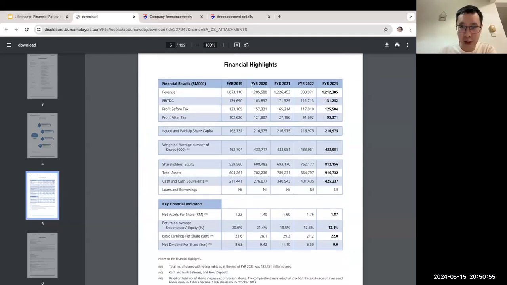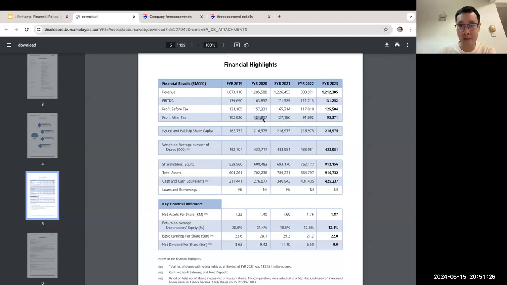Because if you look at these figures, profit after tax has been growing, but here there's a slight dip in terms of profit after tax. So as an investor, if you are already a shareholder of this company, the question that you may want to ask is this: why does the profit drop to this level, 90 to $100 million, as compared to last time?